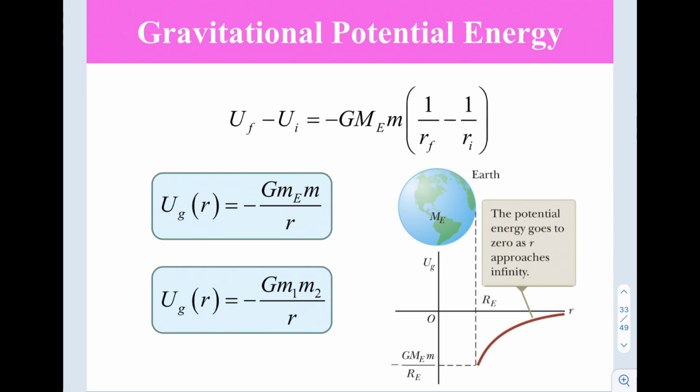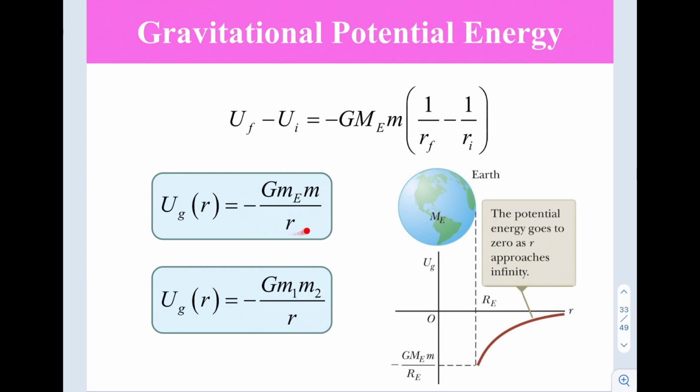So that is the meaning of the potential energy going to zero. As r approaches infinity, U is increasing toward zero, so we put the negative here to represent that.